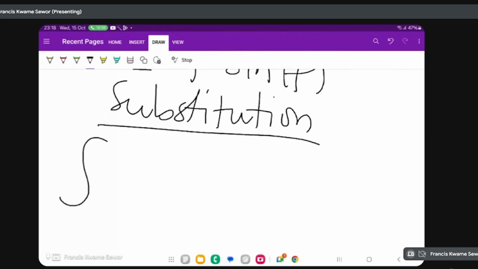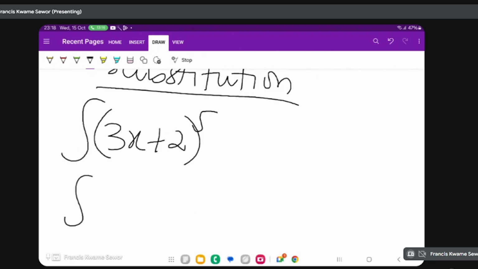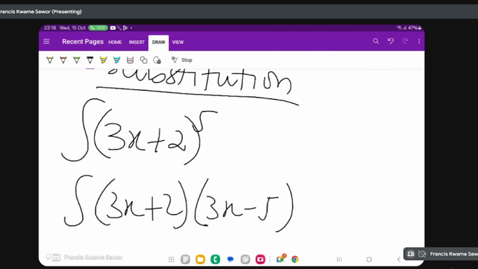If you have something like (3x plus 2) all to the power 5, this one is likely going to be a substitution because you are integrating a function that is raised to a power. Or you'll be seeing a function 3x plus 2 multiplying 3x minus 5, something like this.